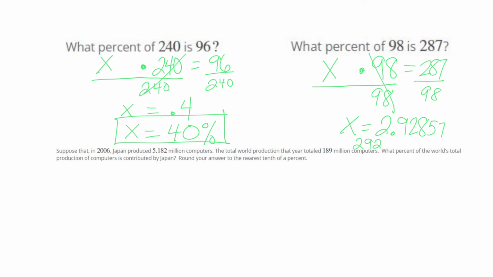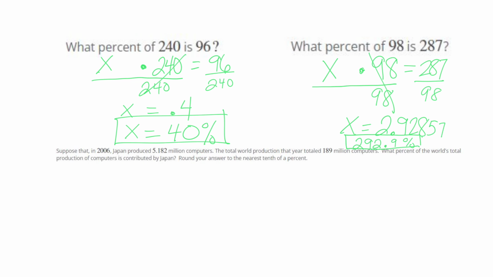And then I'm going to go one more decimal, which takes me to the 8. But the 5 is going to round the 8 up to a 9, so it's going to end up 292.9%. So I did notice that this was quite a bit larger than the original base, so that's why your percent ends up getting really, really big.